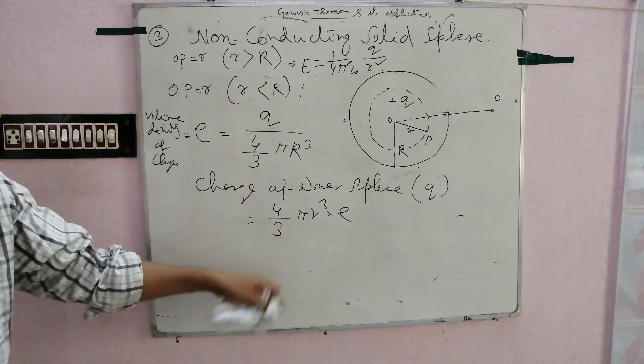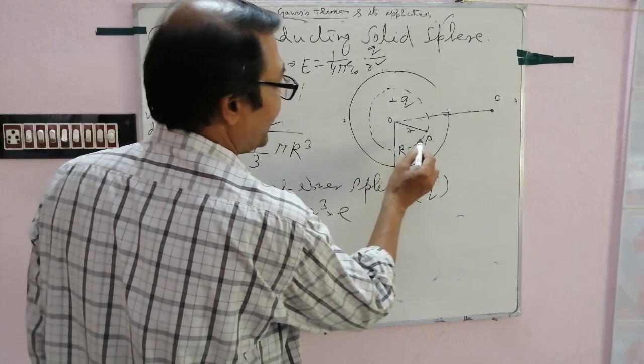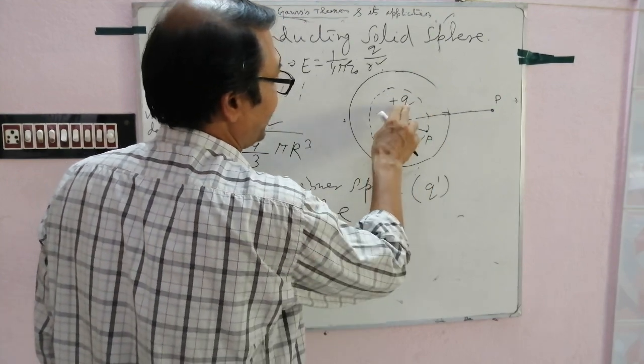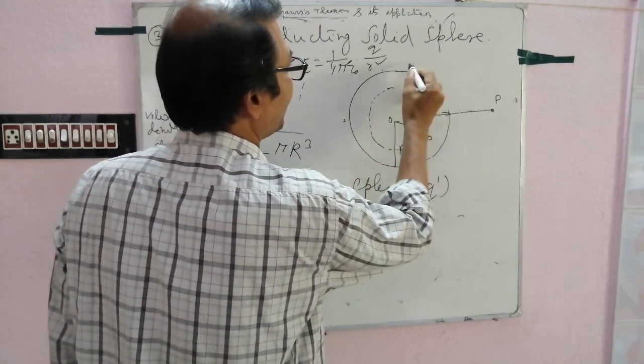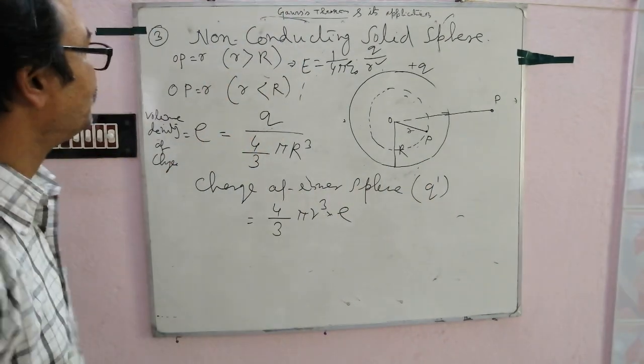So total charge, clear. Now inside the Gaussian surface, the total charge is Q dash.